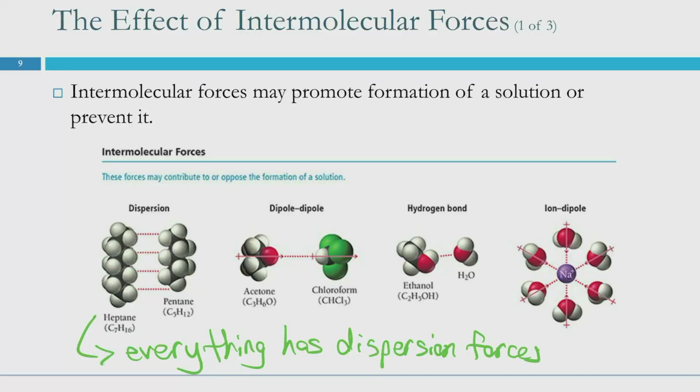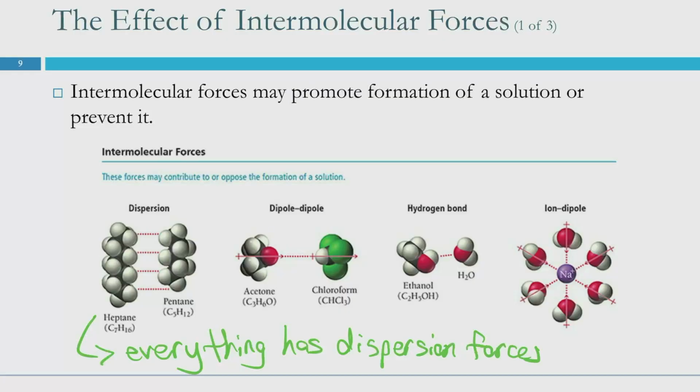The dispersion forces are caused by, these are more complicated examples with heptane and pentane, but we've got electrons around each of our hydrogens here. They can randomly be on one side or the other. And if they're all randomly on one side, that de-shields the nucleus on the other side, and so we've got a slight positive charge.